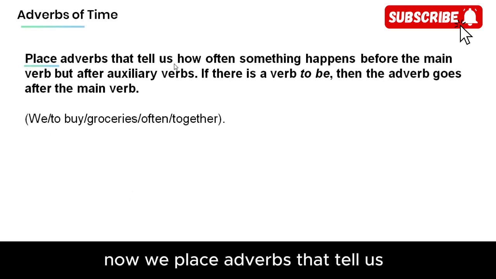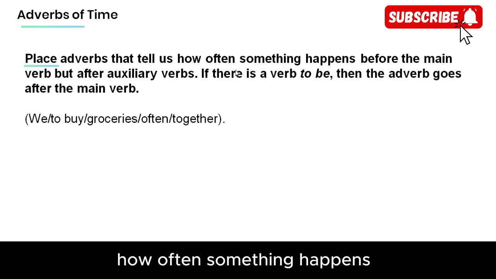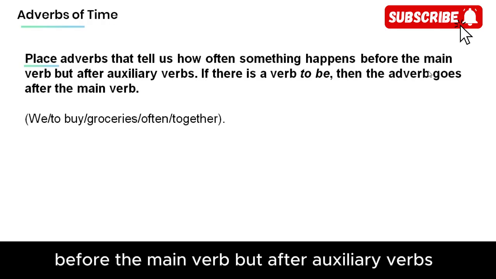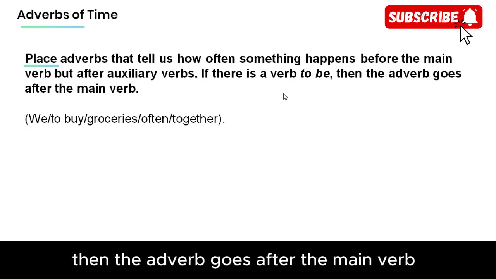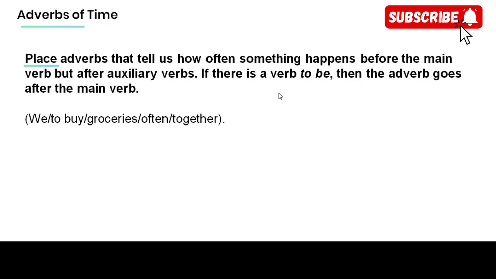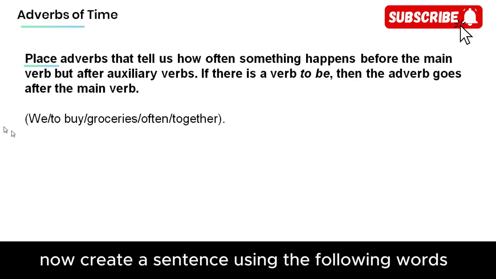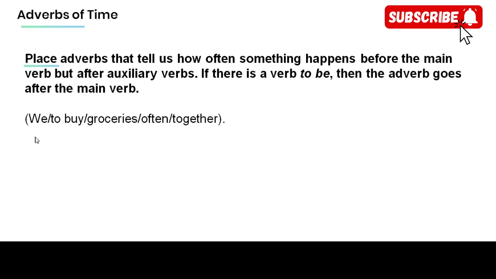Now we place adverbs that tell us how often something happens before the main verb, but after auxiliary verbs. Note that if there is a verb to be, then the adverb goes after the main verb. Now create a sentence using the following words in the bracket.